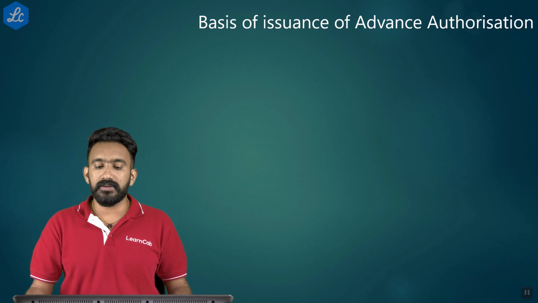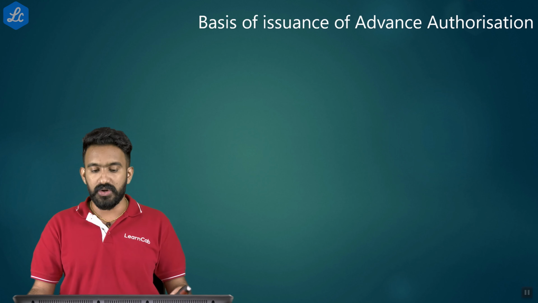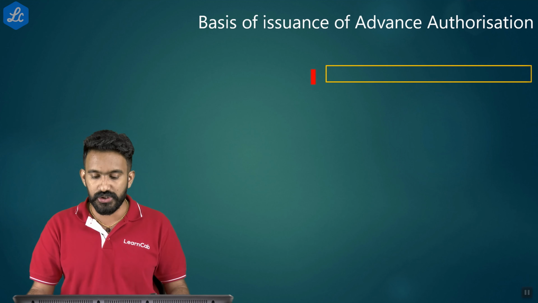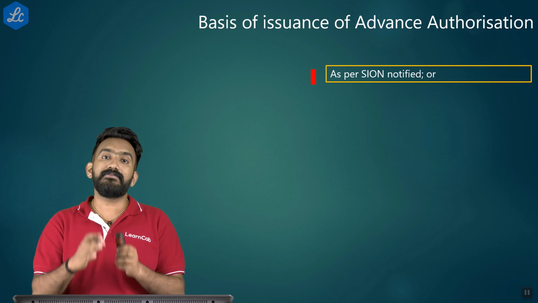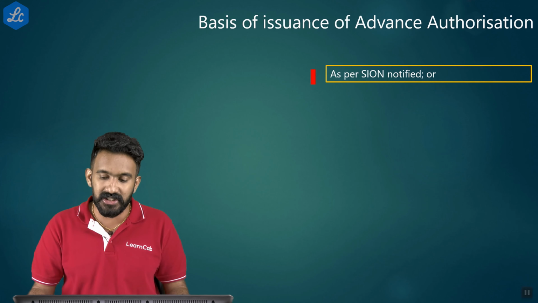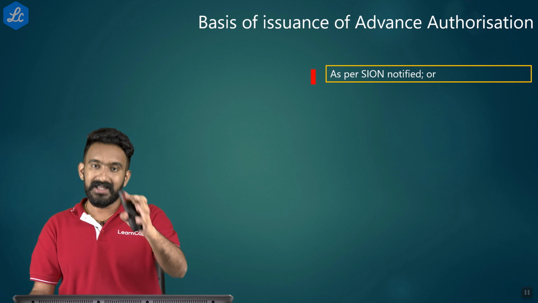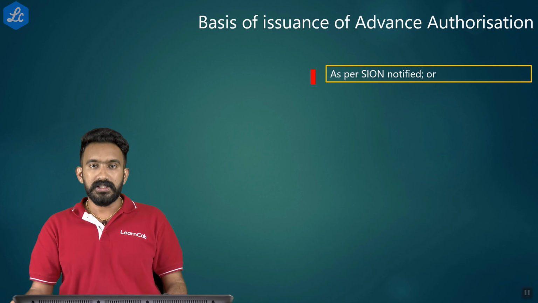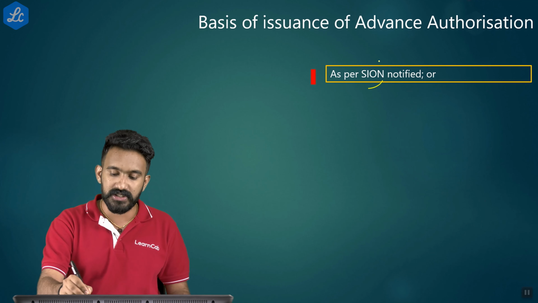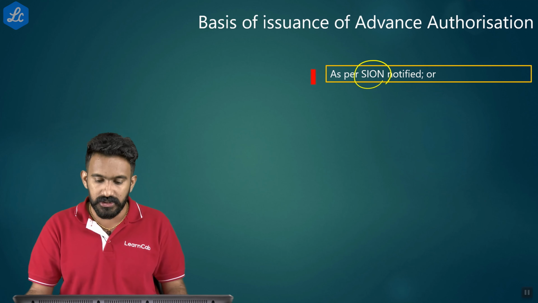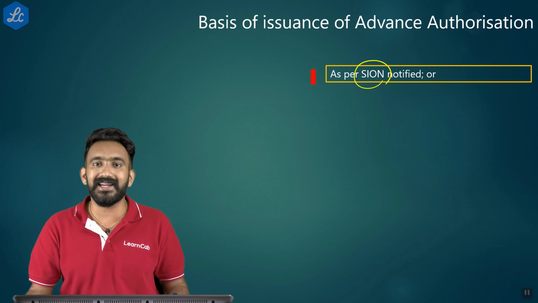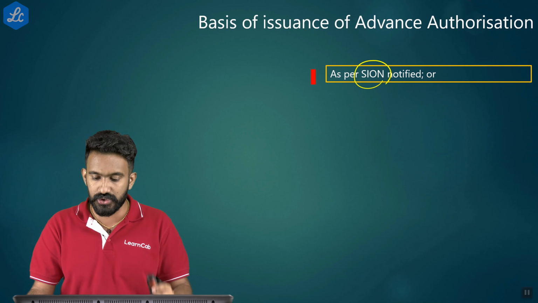Now, let's look at what are the basis of issuance of advance authorization. You have multiple methods in which you can get an advance authorization. Certain products are already mentioned in standard input output norms. As per those norms, I can get an advance authorization for inputs.